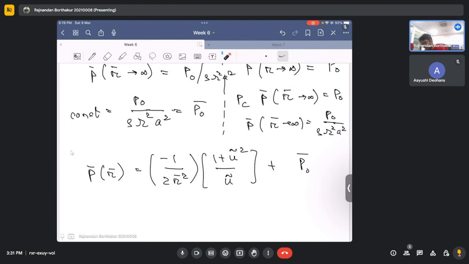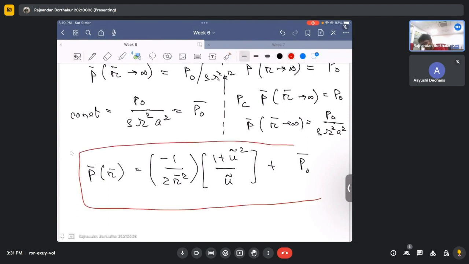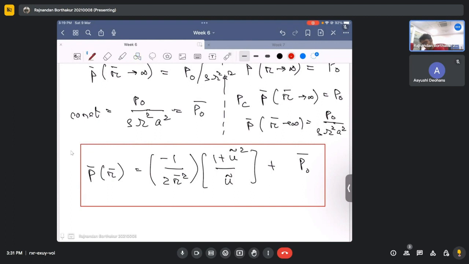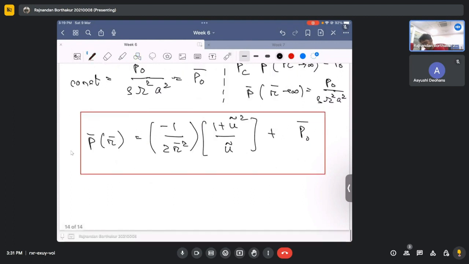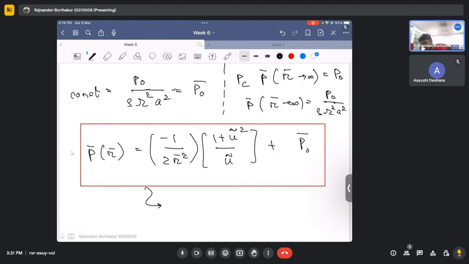So we are done with the solution for pressure, and this is the final part of the question.